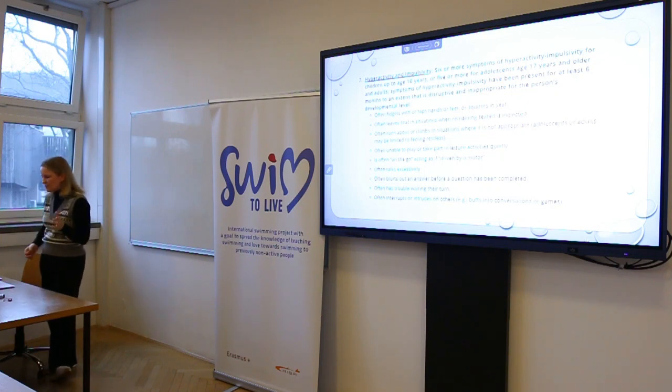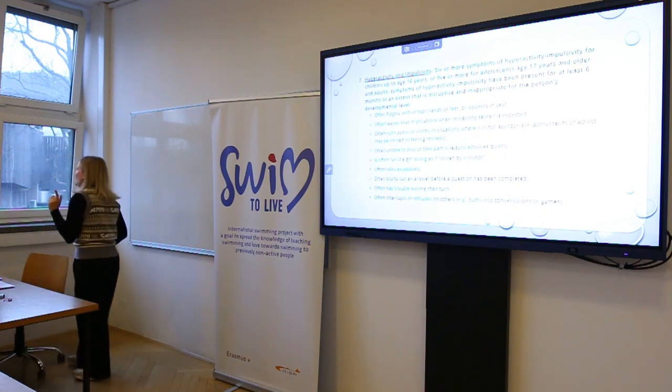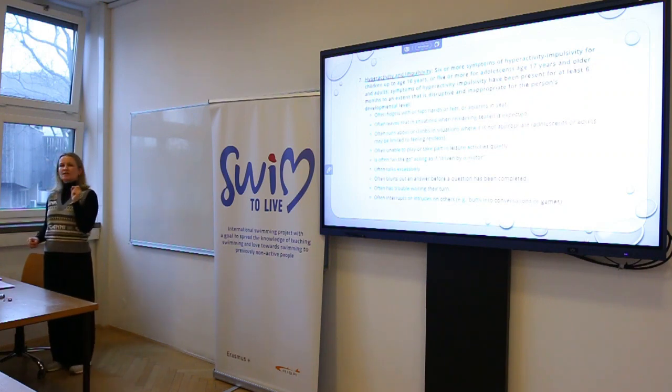So if we just read a couple of them, often fidgets with or taps hands. So this is one symptom that is persistent in younger children. They're really fidgety, they cannot stay at peace. But when they're older, like 10, 12, then they're less hyperactive.